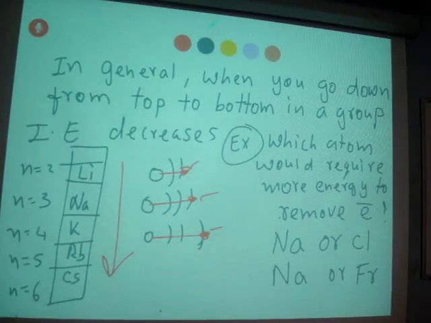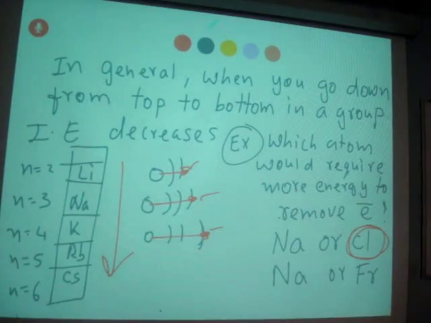Reading the trend, remember that when you go across the period, ionization energy increases. Sodium and chlorine are in the same period, period 3, but chlorine is on the far side. So which one has a higher energy? Chlorine has a higher first ionization energy.